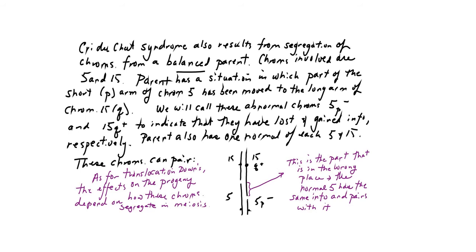So chromosome 5 matches up with that, and meanwhile the deficient chromosome, 5p minus, lines up with its homologous sequences on the normal 5. So everybody's paired and everybody's fine. And again, there are extra chromatids I didn't draw in. Everybody's paired, but the problem is going to occur depending on how these chromosomes segregate. The parent was balanced, but some of the children will be imbalanced.